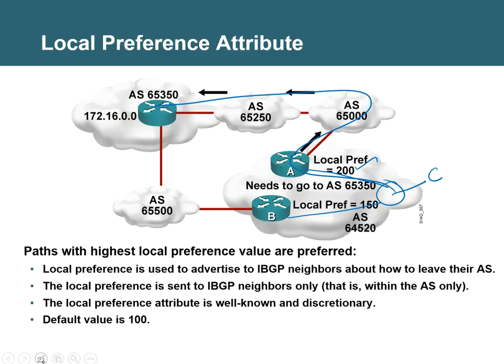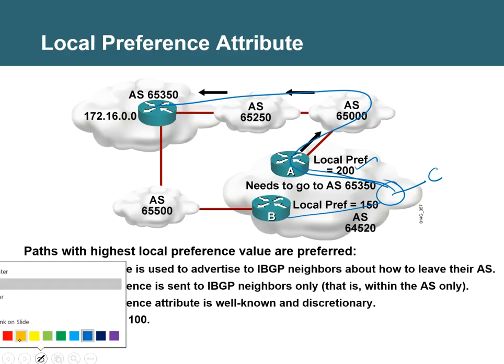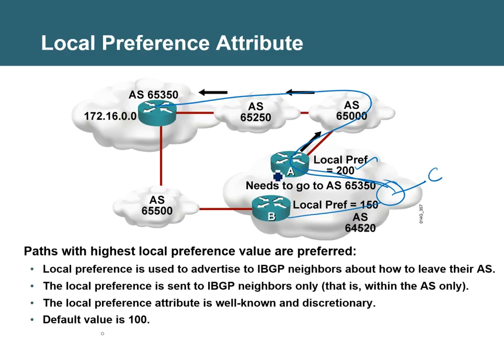Though the AS path, you see, it's a very long route here, 1, 2, 3 hops. If you go this way, it is only 1 and 2 hops.